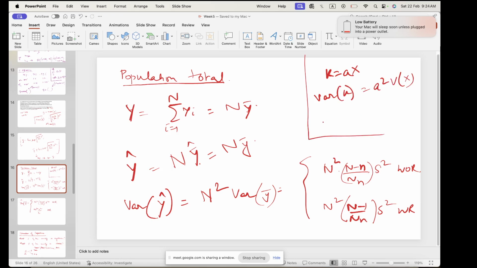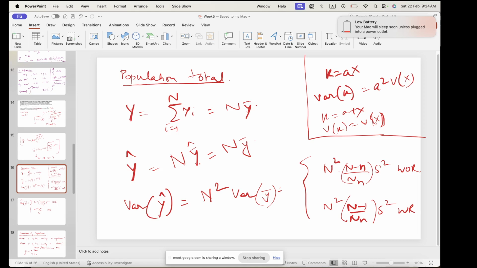But if I have k equal to a plus x, then variance of k equals variance of x. So if I have anything multiplied with my random variable, then variance of this new combination becomes the scalar quantity squared into variance of the associated random quantity.